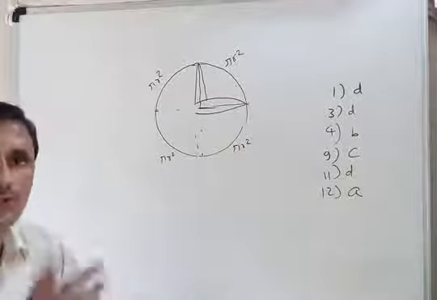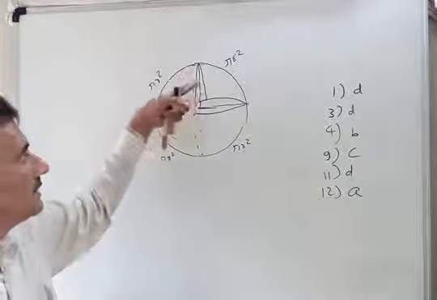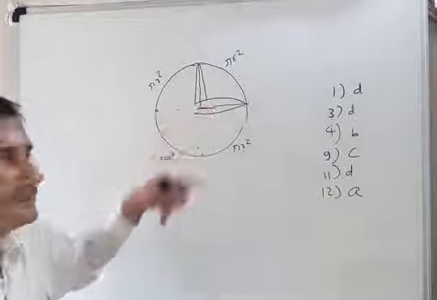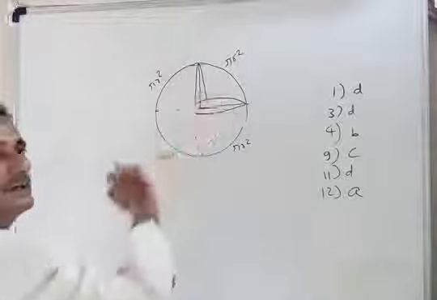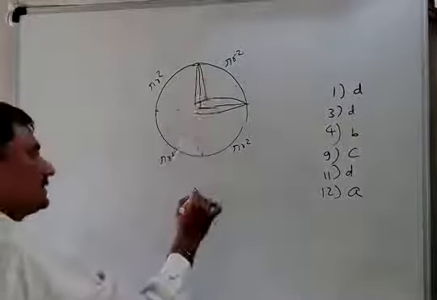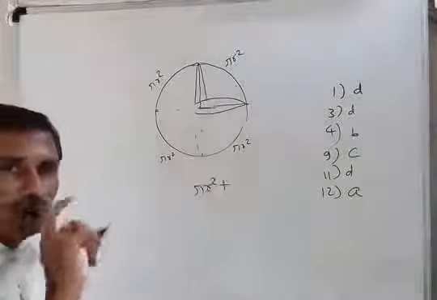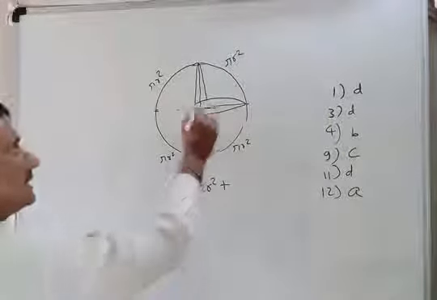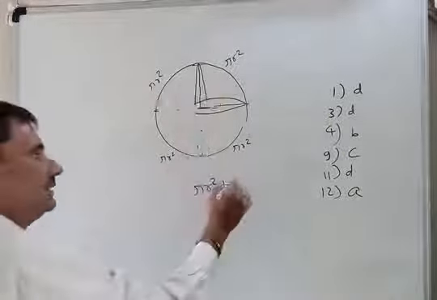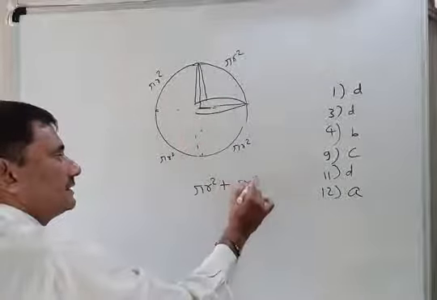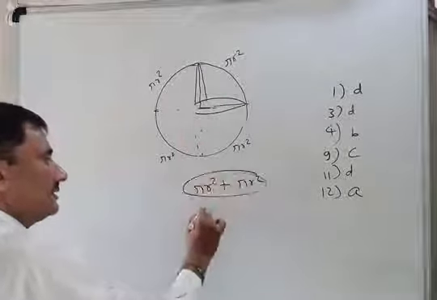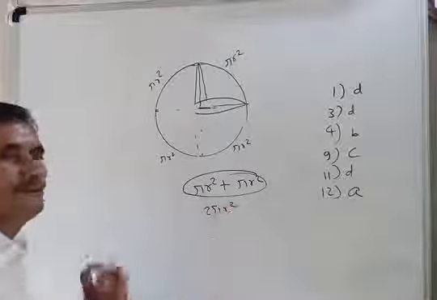You can cut into 4 equal parts. Then here a hemisphere and here also a hemisphere, means one hemisphere will be visible here. So this is pi r square plus 2 hemisphere. Sorry, not 2 hemisphere, 2 semicircle. This is a semicircle, this is also a semicircle. So 2 semicircle means 1 circle. So it becomes pi r square plus pi r square, 2 pi r square.